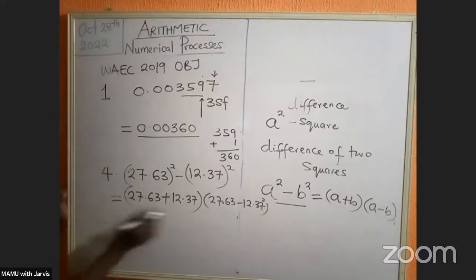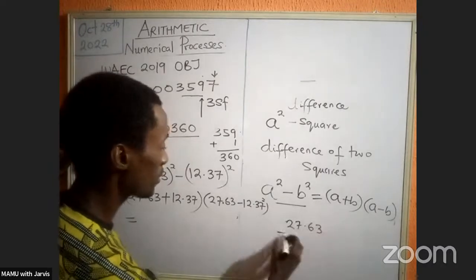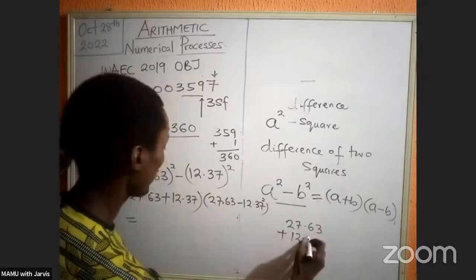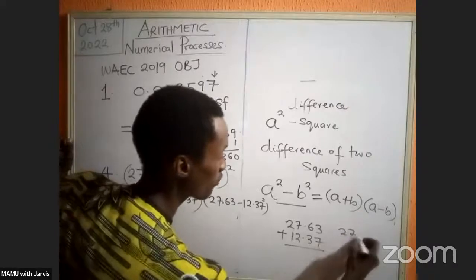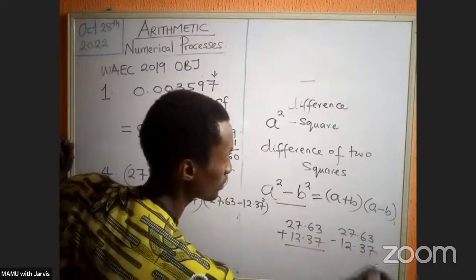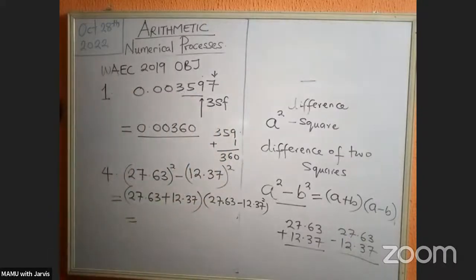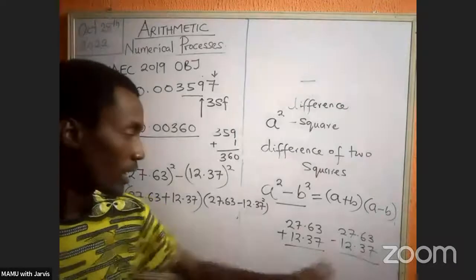So if I add this together, let's come here, 27.63 plus 12.37. Can we do the maths together, please? 27.63 minus 12.37. Okay, do that quickly, please. Could you do the addition and the subtraction for me? Add it up.